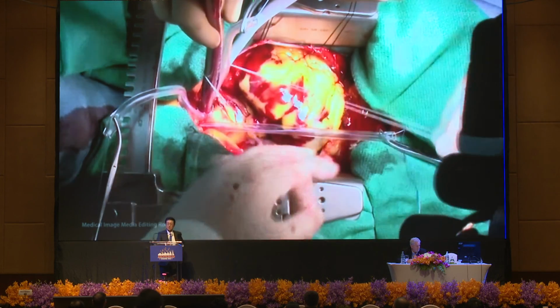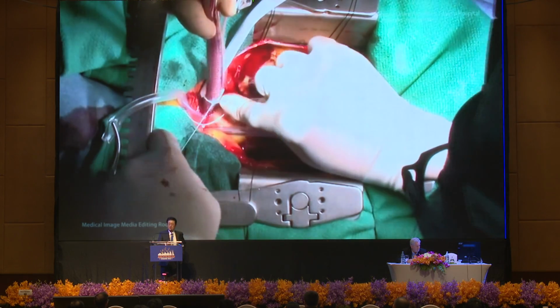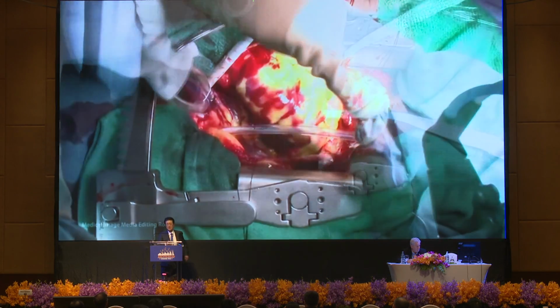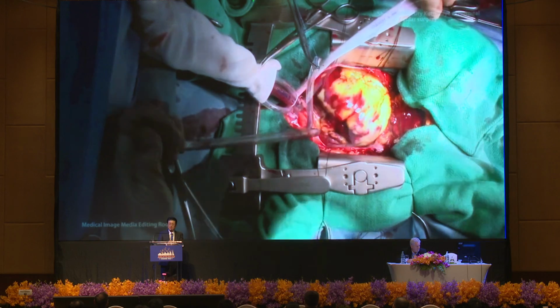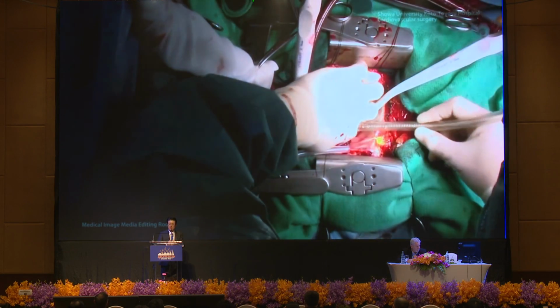In the usual bypass surgery, we first take the grafts, right? Mammary taking and vein taking. But in these situations, I think the most important thing is to put the patient on bypass and start resuscitating.